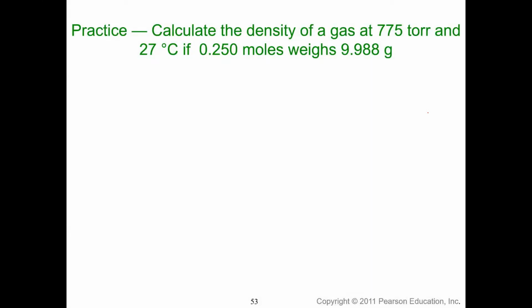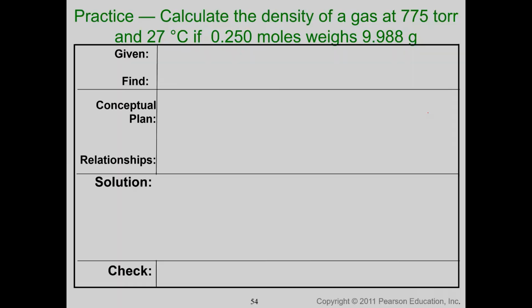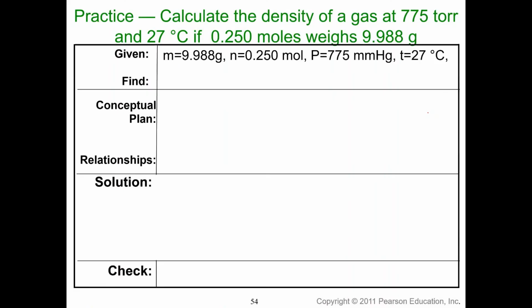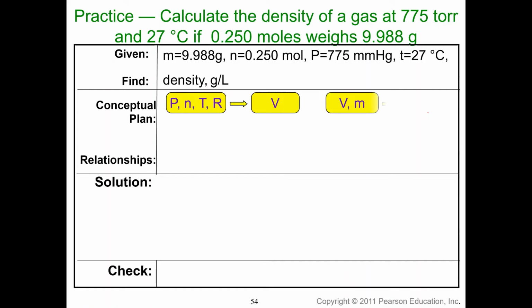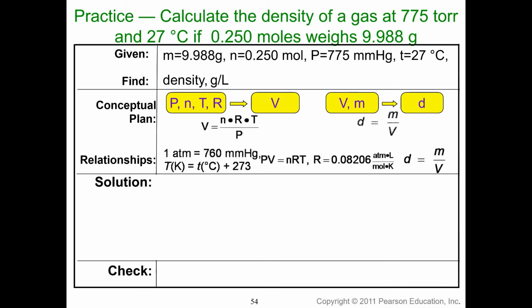Okay, let's do another one. Okay. Set things up. Find the volume. Then once you get the volume, you use the formula we mentioned earlier. What formula is that? The relationship between density and what? Mass and volume, to find the density.